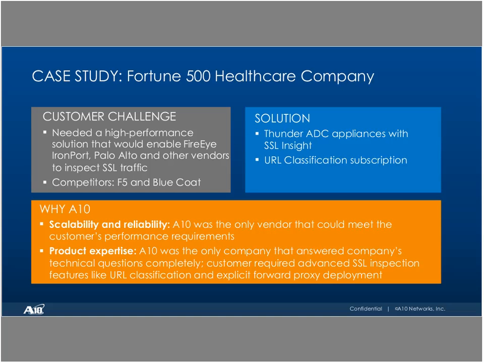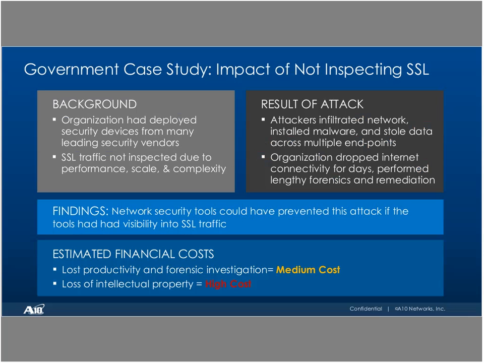They did this because we were the only company that could meet their performance requirements, answer their technical questions, and perform the advanced features like URL classification. They also really needed to offload their proxy, and they discovered that the Blue Coat SSL visibility appliance could not decrypt traffic for their ProxySG. So that's why they looked at alternative solutions, and that was why they chose A10.